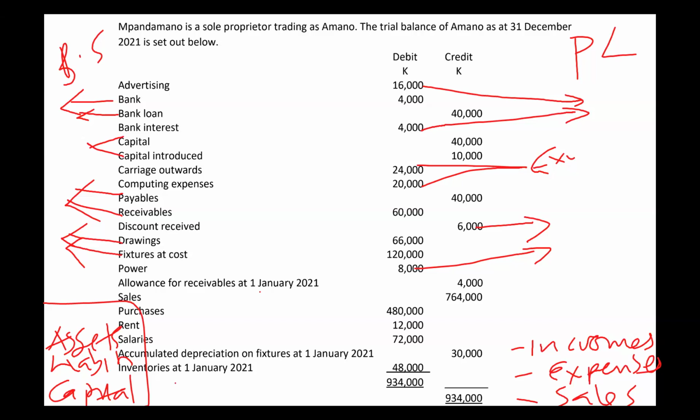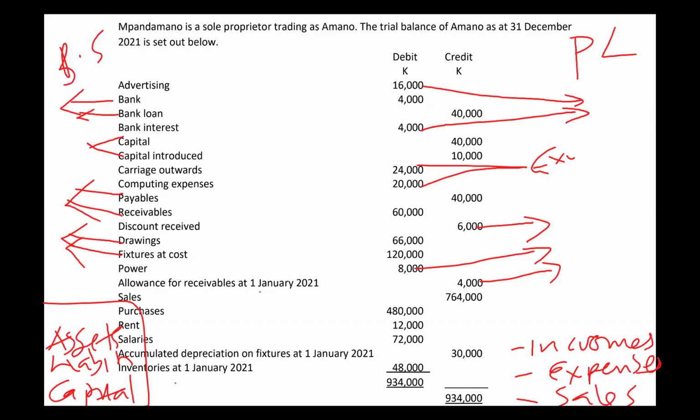So that's about the allowance for receivables. You could see that we use it in the profit and loss, and also in the balance sheet under receivables, as you're going to see when you do some working. What about sales? Sales, where do they go to?